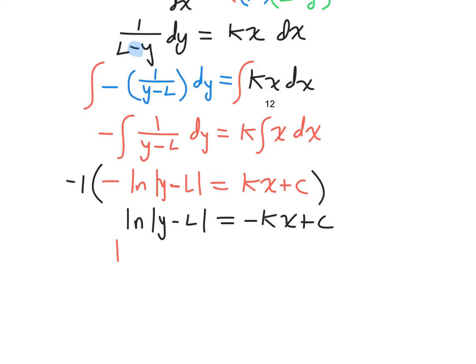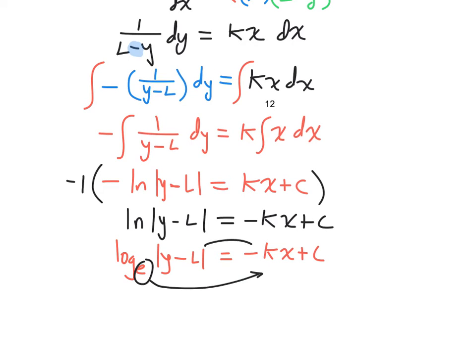So then we know, additional step here, some of you can do it in your head, and that's fine, that these are equivalent. So I'm going to swing around the e and convert into exponential form. So the absolute value of y minus L is equal to e to the negative kx plus c.